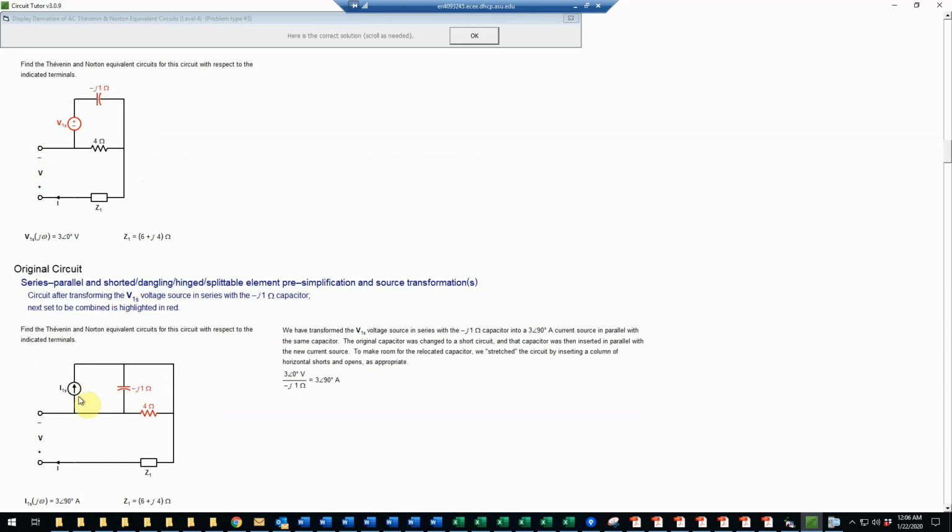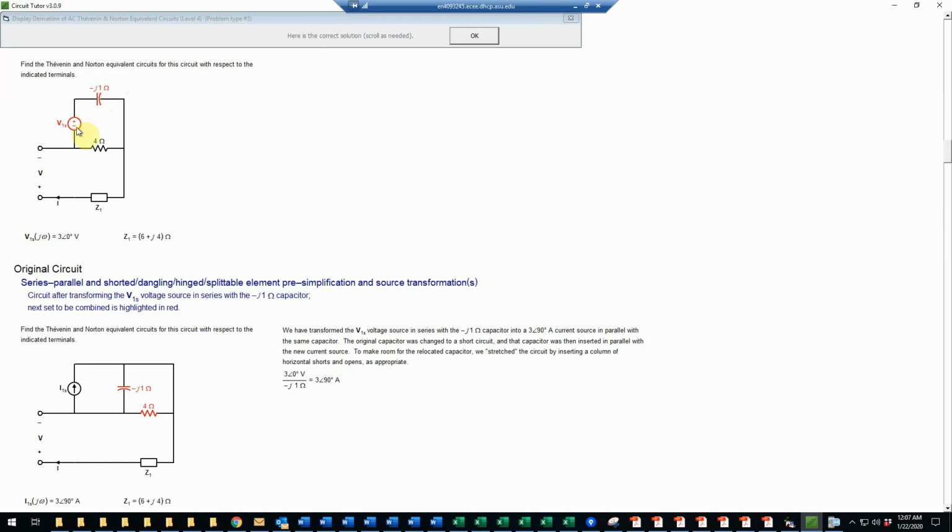And now for the value of I1s, we would have to compute that by dividing V1s by the impedance. That doesn't really even require a calculator here, because V1s is just 3 angle 0, the same as 3, and dividing by negative j, or negative j1, is basically the same as multiplying by j, because you have to remember that 1 over negative j is j, because j squared is negative 1.